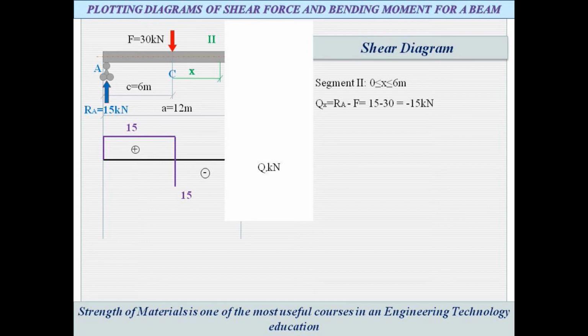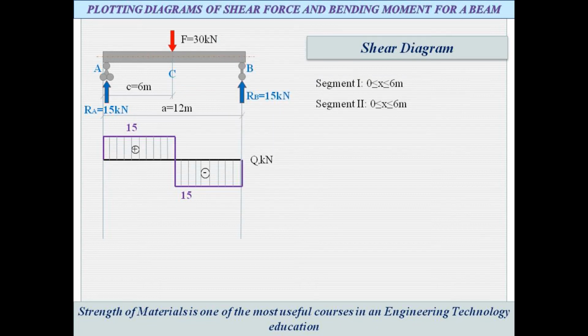There are no loads between the point load F and point B, so the shear load does not change. Draw a horizontal line to the right until you reach point B. Finish the shear diagram by shading the areas between your line and the horizontal zero shear line. Mark all significant points, anywhere the shear line changes direction.